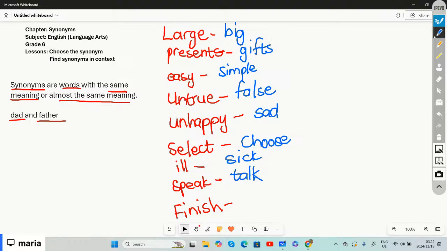You finish your game, you finish something.